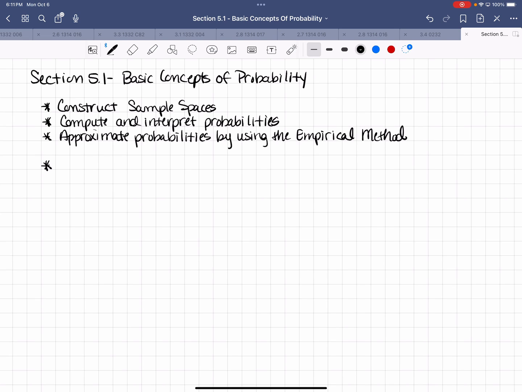We do have a couple of definitions, such as what is a probability experiment.